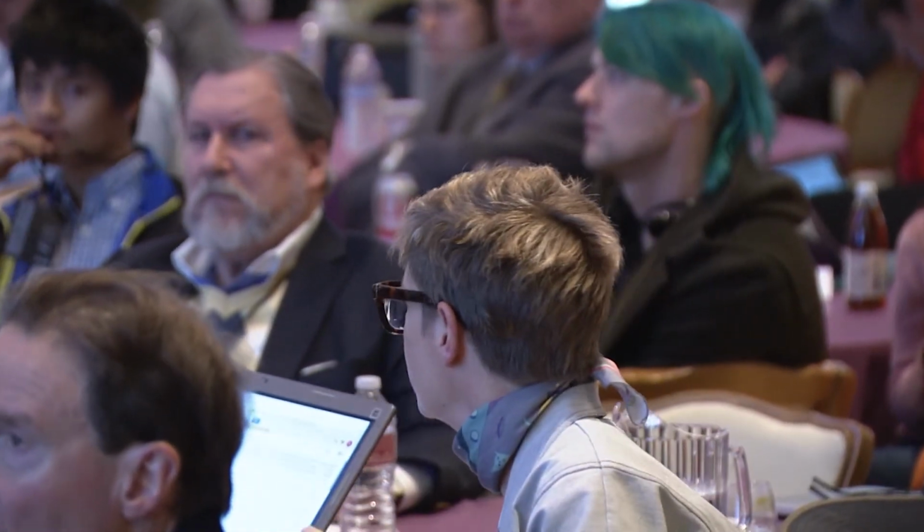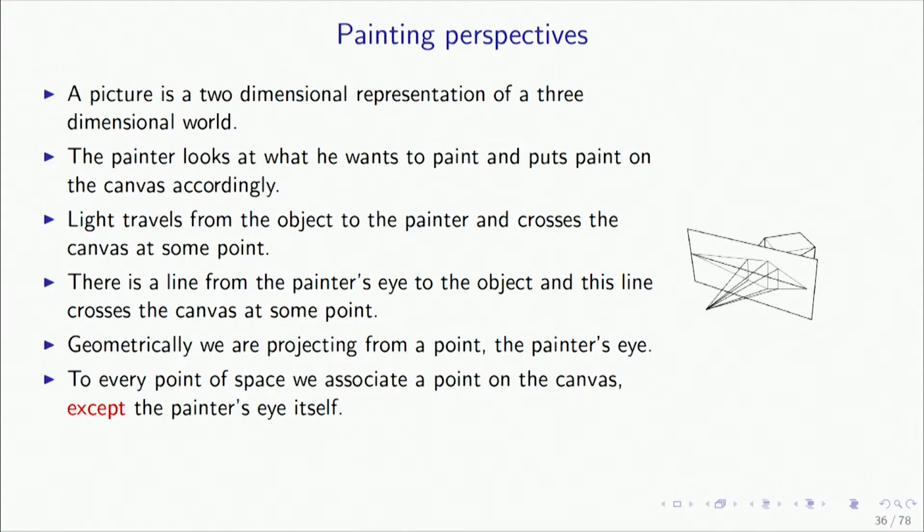But if you're a mathematician, there's something you realize which is not so much to do with the actual painting. Geometrically we are projecting from a point, the painter's eye, so that's still okay. But from the point of view of a mathematician, there's one point of space that's very special in this picture, and that's where the painter's eye is, because to every point of space you associate a point on the canvas.